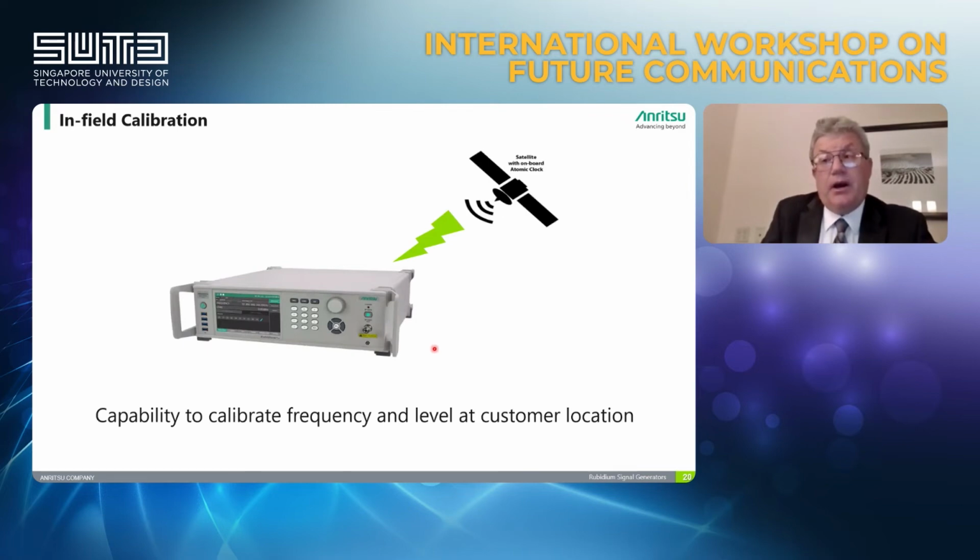Furthermore, we have a built-in GPS receiver. Well, not just GPS, we also support Galileo, BeiDou, GLONASS, all GNSS standards. That means we can receive a signal from a cesium clock from satellites.